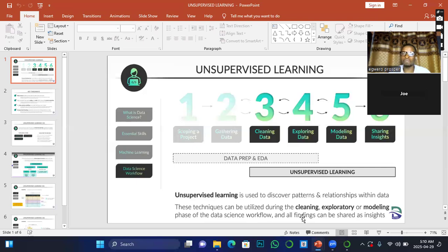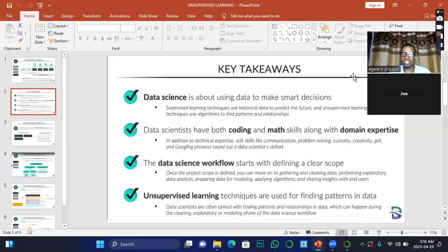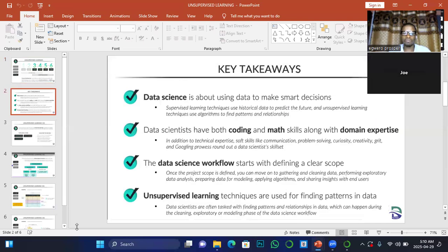So while you are identifying patterns and discovering relationships between your given data variables, you will also get to a point where you have discovered some insights which can also be shared alongside. So what is the takeaway here for the unsupervised, everything we have done so far? Just trying to recap it.